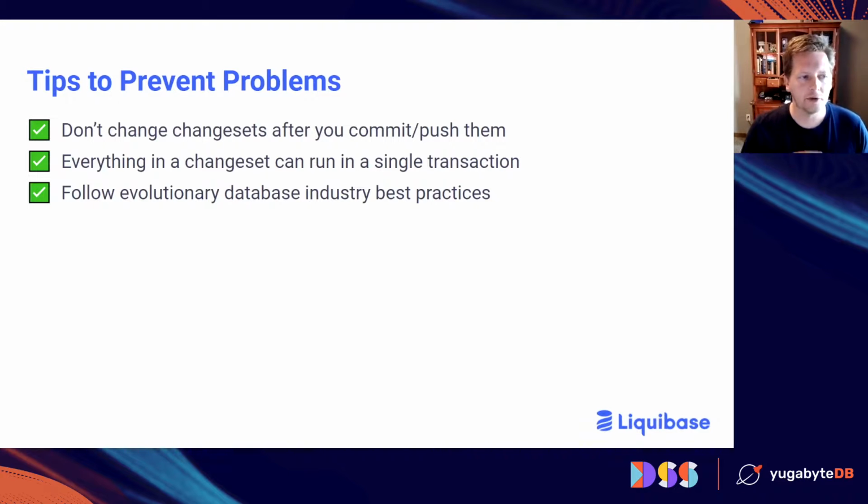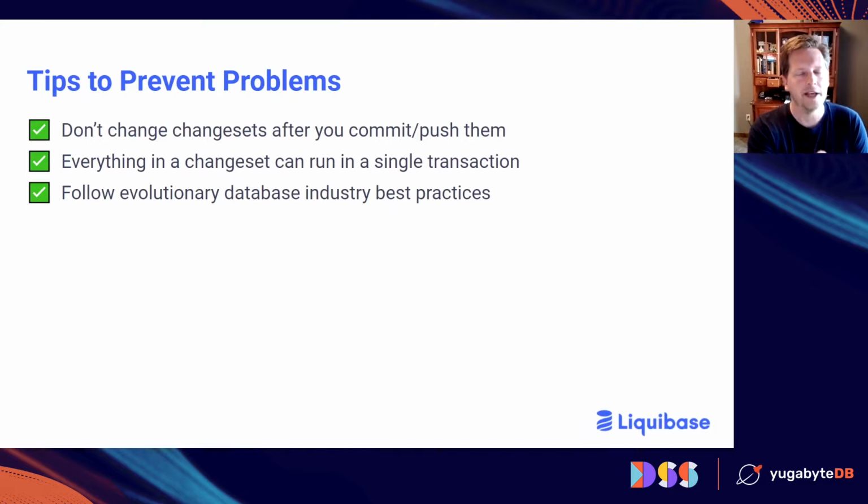Second, each of those change sets, Liquibase is going to try to run in a single transaction, because that way it can make the change, mark the change as ran in the database changelog table, and then commit it. But if you're doing multiple statements in there, sometimes there are statements that auto commit.